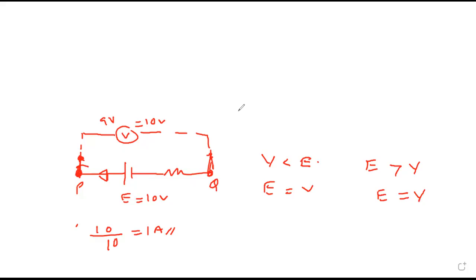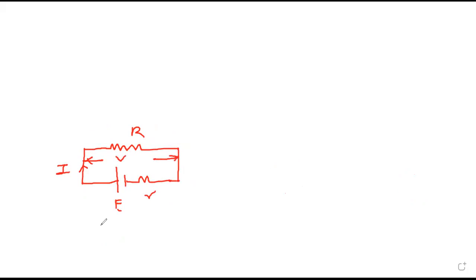I'm showing you 3 circuits again. A resistor R is connected across a battery of EMF E with internal resistance small r. I is the current flowing through the circuit. V is the terminal voltage across resistance R. So we can say battery E is giving voltage V plus voltage across I into small r.